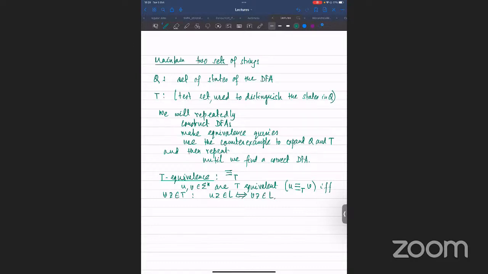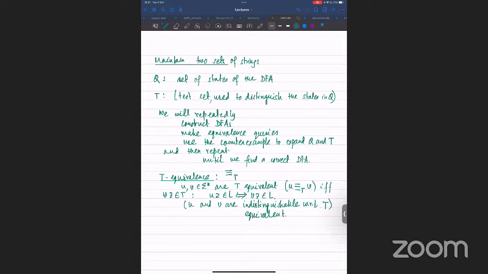Okay, sometimes we would also say that u and v are indistinguishable with respect to t, or u and v are equivalent with respect to t.